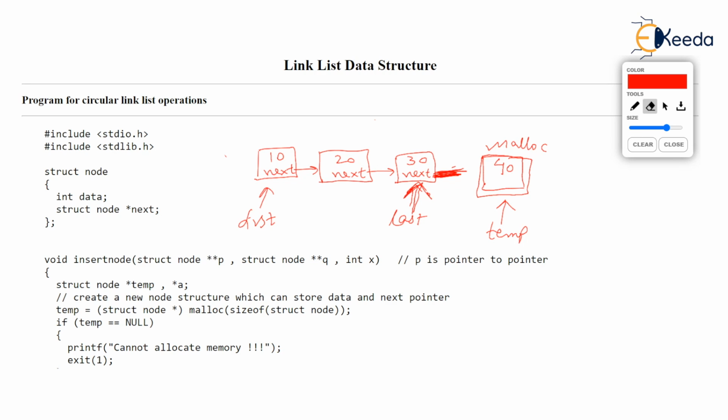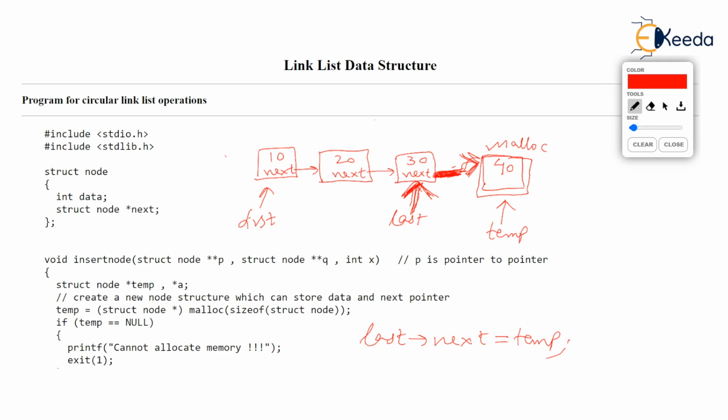So that means we are going to execute a statement last arrow next. Yes, everyone? Last arrow next, which means 30's next, should be equal to temp. So last arrow next should point wherever temp is pointing. You know that temp is pointing to 40. So last arrow next will also point there.